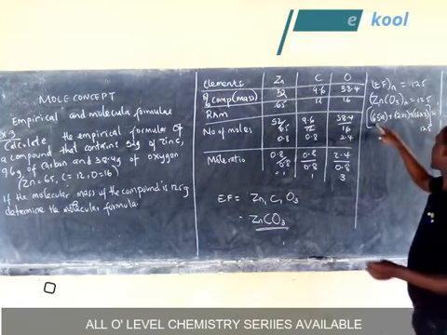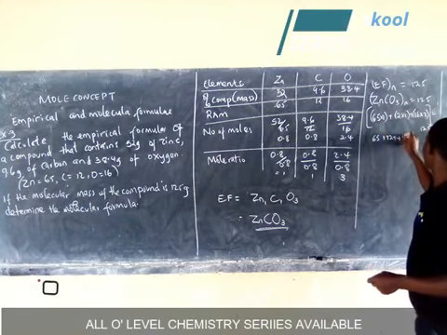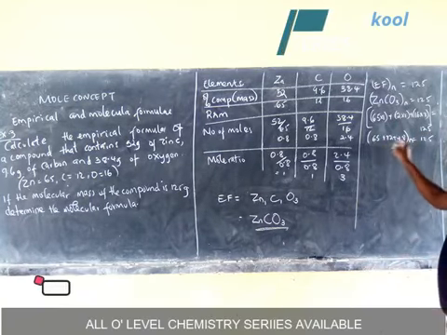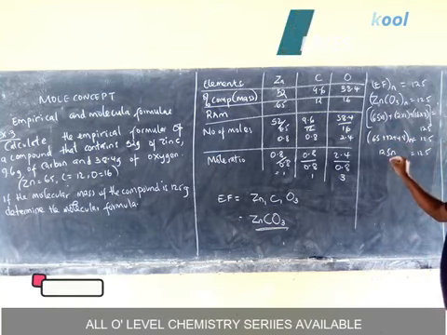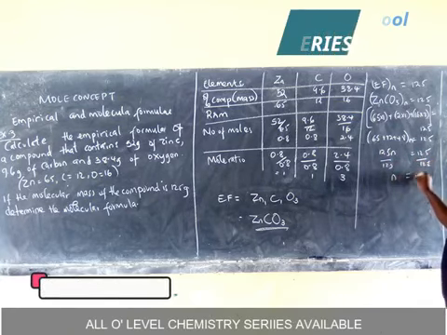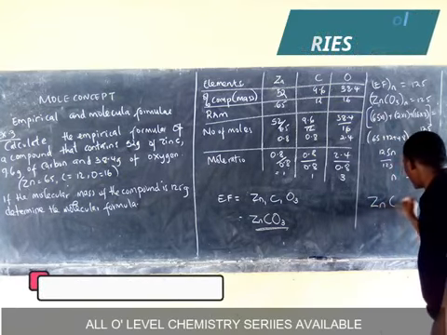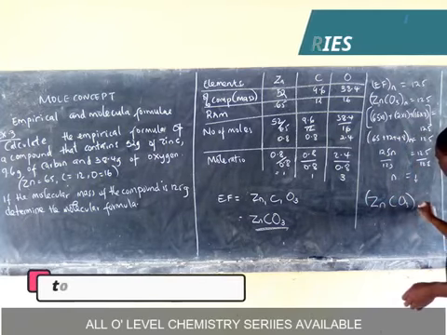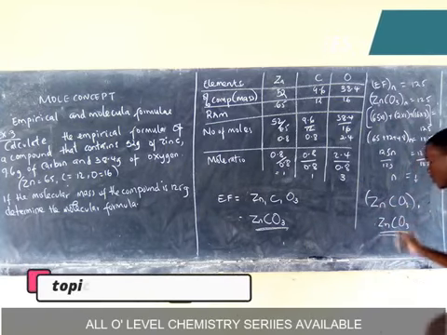Then from there, add 65 plus 12 plus 48 is equal to 125. This is into N. When you add up this, I get 125N equal to 125. Therefore, divided by 125, I get our N is equal to 1. Therefore, the molecular formula will be ZnCO3 into 1. When I put here a 1, I get ZnCO3. As simple as that.